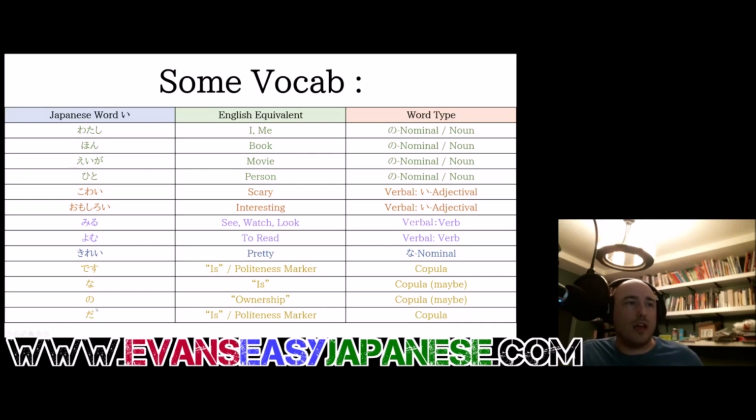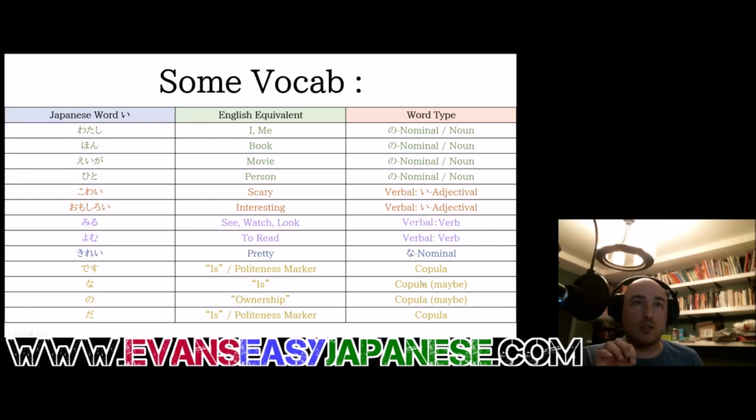And da is a politeness marker, and it's a lower politeness marker than desu. Those are all copulas. So we got greens, nouns, reds, e adjectives, purples, verbs. This sort of bluey, greeny color is a non-nominal, a non-adjective. And then these yellowy guys are copulas. Okay, so let's see how they interact.